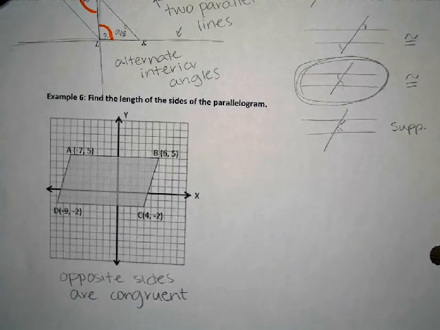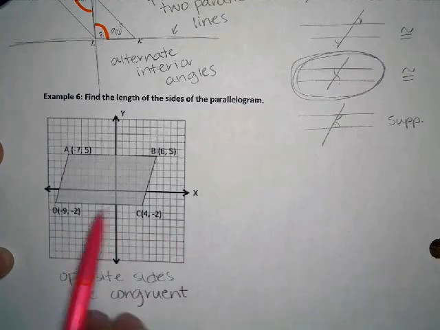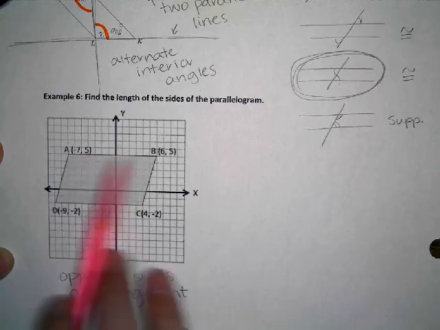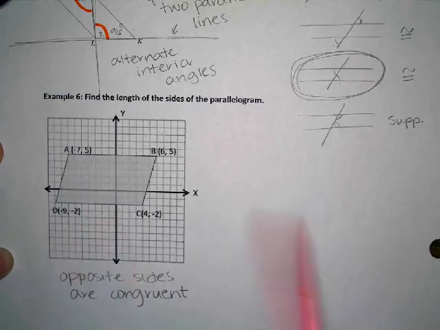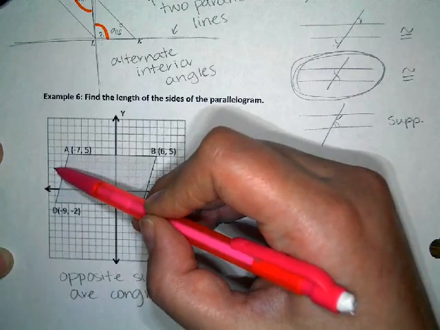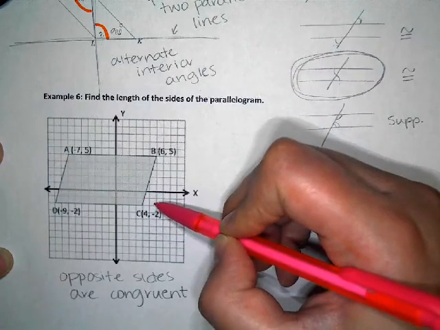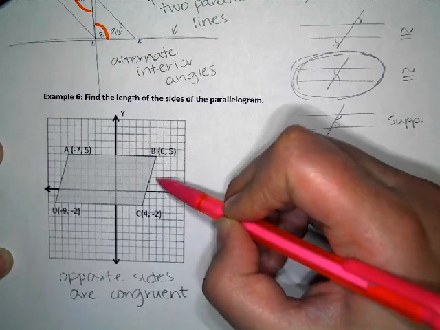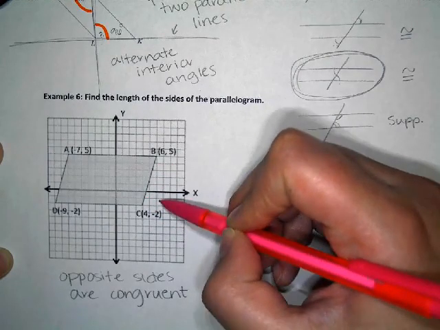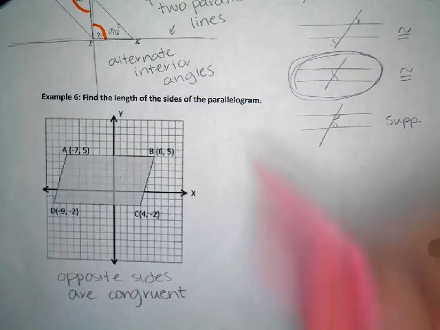I can already tell that these opposite sides are parallel because this one has a slope of 0, this one has a slope of 0. This one goes up 7 and over 2. This one goes up 7 and over 2. So since they have the same slope on the opposite sides, I can tell that they're parallel.